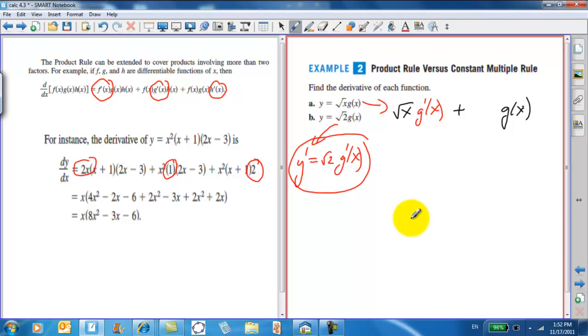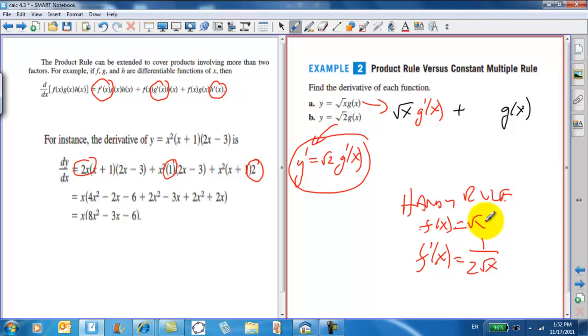Let's do a little side over here. This is a handy rule to remember, and that's if f of x is the square root of x, the derivative is just 1 over 2 square root of x. That comes from the fact that if f of x equals square root of x, it's x to the 1/2 power.